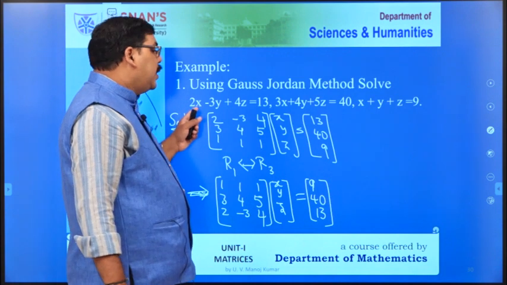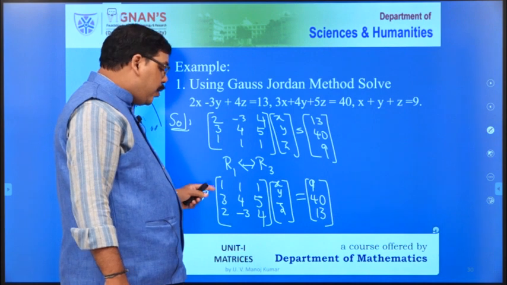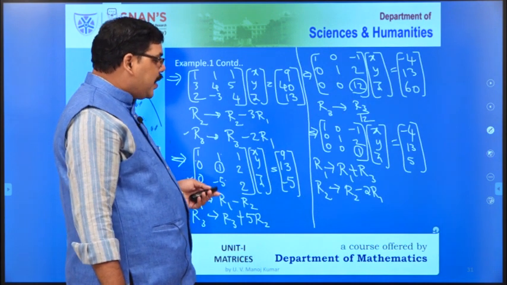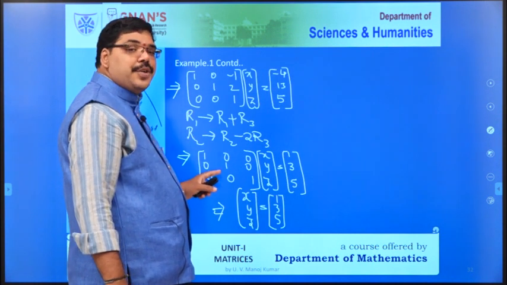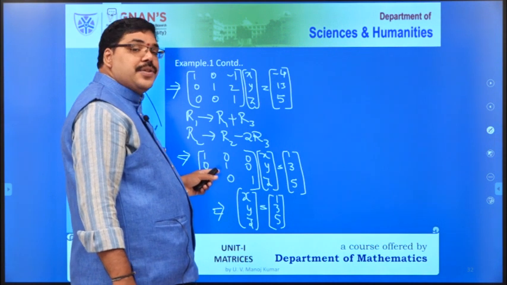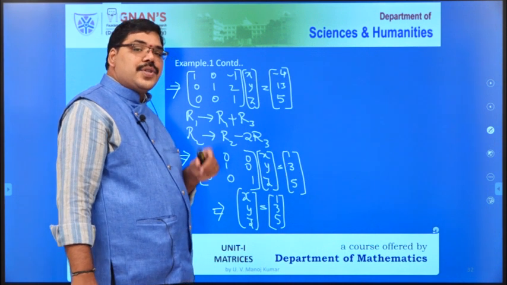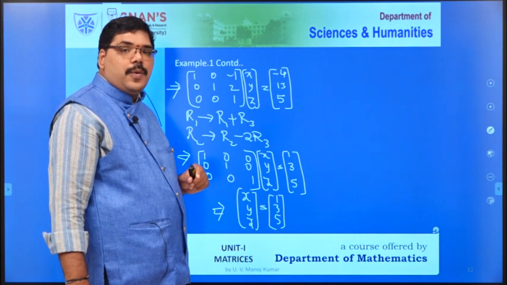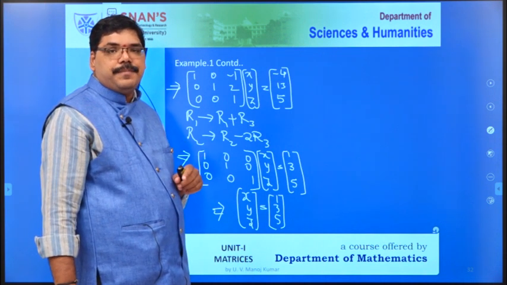After applying several row operations, the matrix A is reduced into normal form, and the right hand side itself is the solution for the given system of equations.